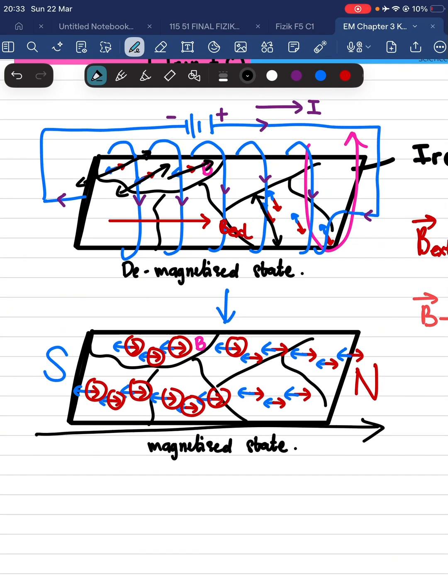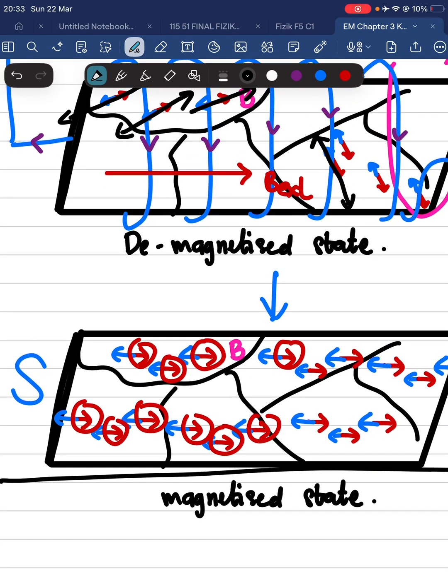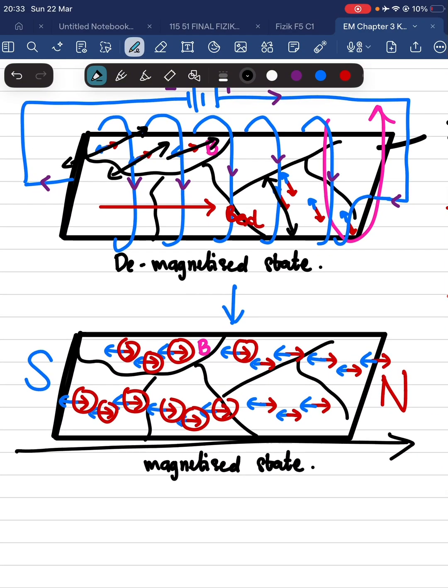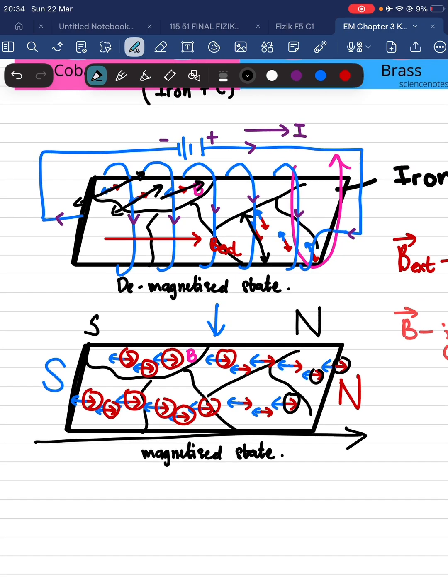When all domains are in one direction, we have the addition of vectors in one direction, which means that this one is pointing to the north. So when we add up, overall this will be a north pole, and this side will be a south pole, right? This is the addition of vectors. You just add all the vectors in one direction, and the sum of it will be the resultant force or resultant field.